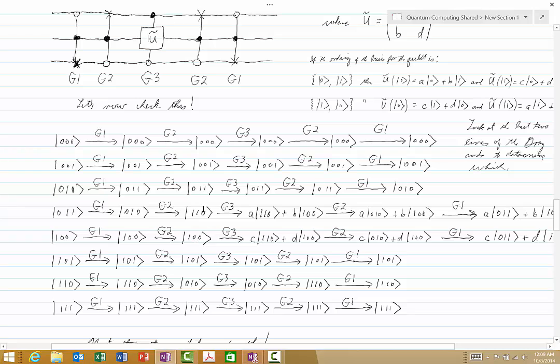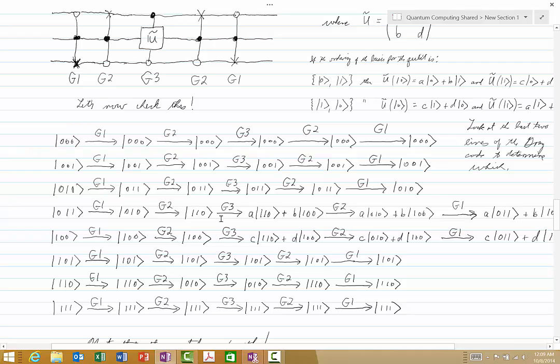And it is no accident that these 2 appear consecutively. That has been the effect of G1 and G2, to make these 2 consecutive states. Notice that G3 has no effect on the other states. Only on these 2.